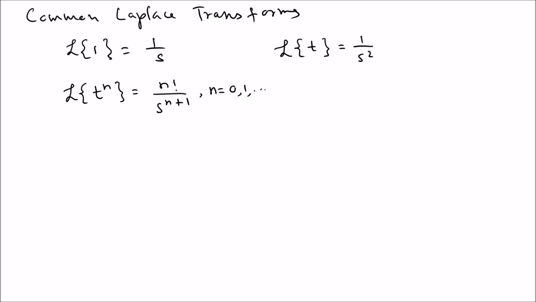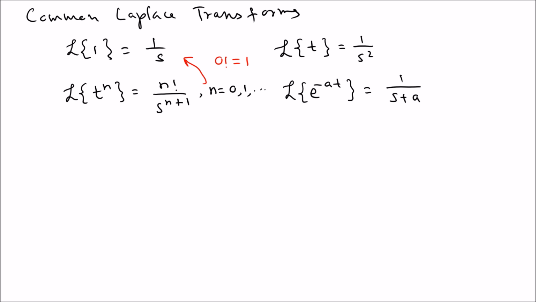If n is 0, you get the first case, since factorial 0 is 1. And then the e function: the Laplace transform of e to the minus at is simply 1 over s plus a. These are very useful ones.